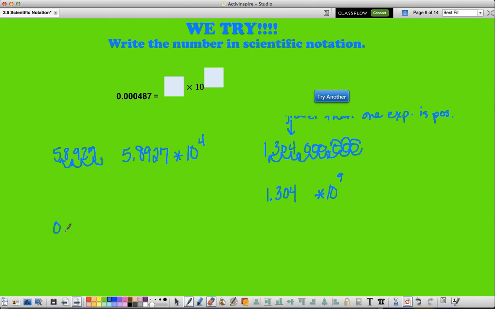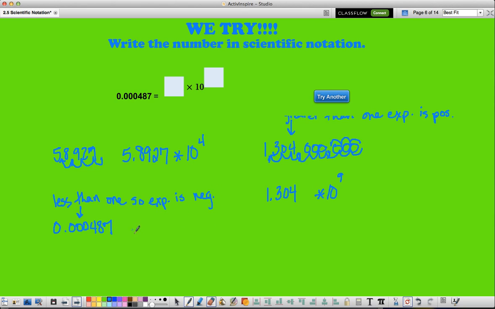Okay, now we have a number, so 487. So we have 487, and this is thousands, 10,000s, 100,000s, millions. So this is 487 millions. Since this number is less than 1, I know my exponent is negative.